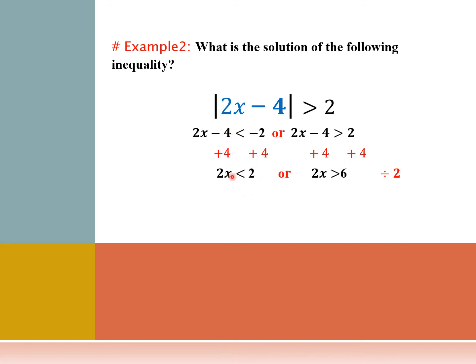So we'll have just 2x less than -2 plus 4, it's 2, or 2x minus 4 plus 4 is 0, so we'll get just 2x is greater than 2 plus 4, which is 6. Now divide by 2: 2x over 2, and 2 over 2 is 1. So we have x less than 1, and here we have x greater than 3. So the last answer: x is less than 1 or x greater than 3.